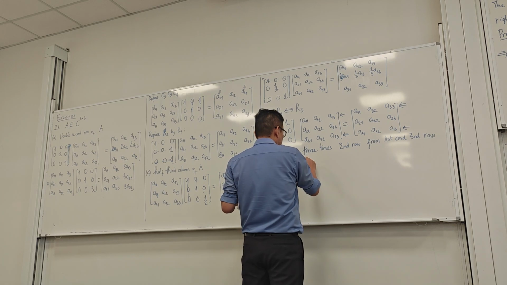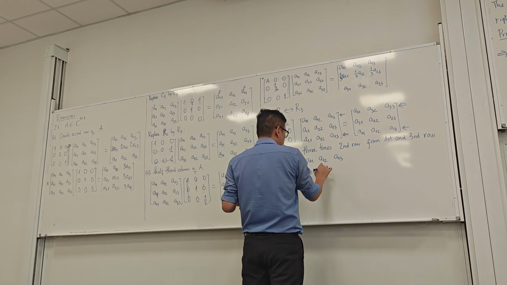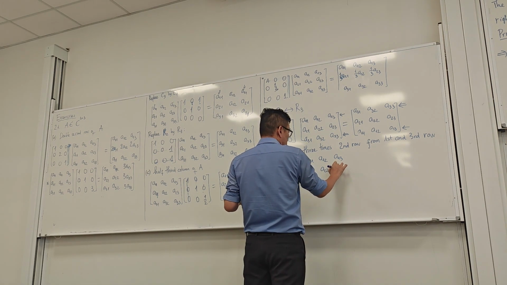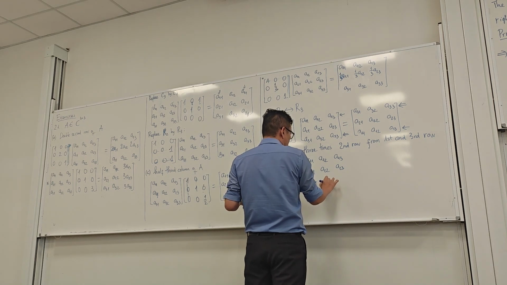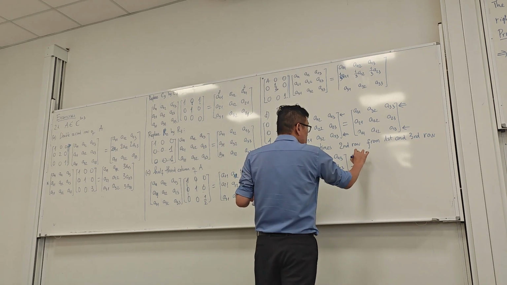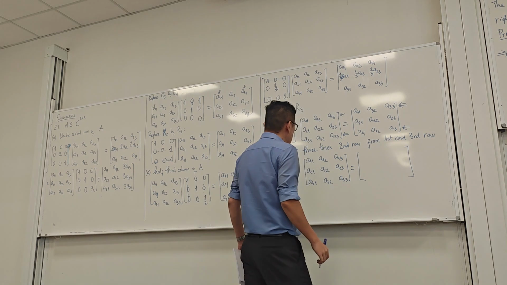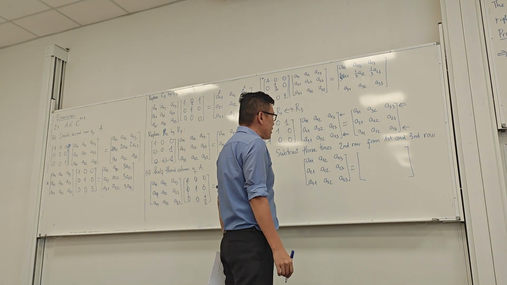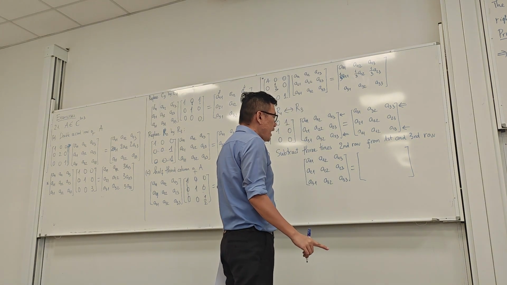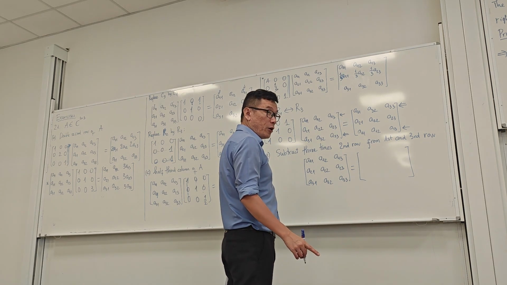So A here: A11, A12, A13, A21, A22, A23, A31, A32, A33. Now I want to have what is it here? Subtract 3 times the second row from the first and 3 times the second row from the third row.